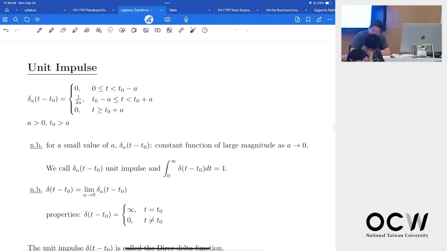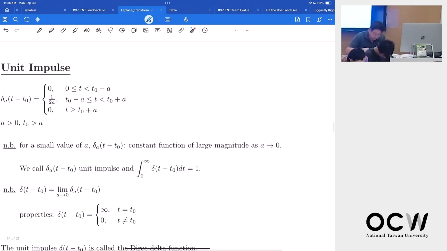Here is the definition. When t is outside two values, it's 0. When t is only between these two regions, I have a value of 1 over 2a. Otherwise, it is all 0.